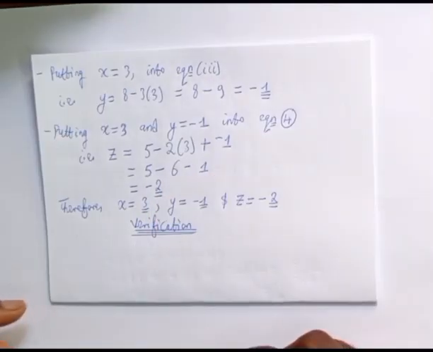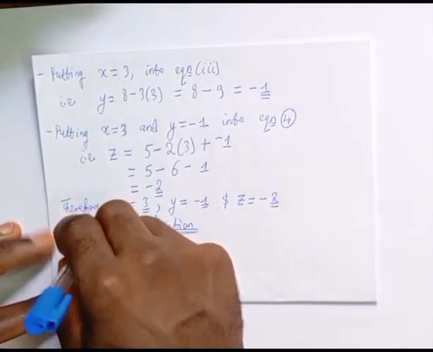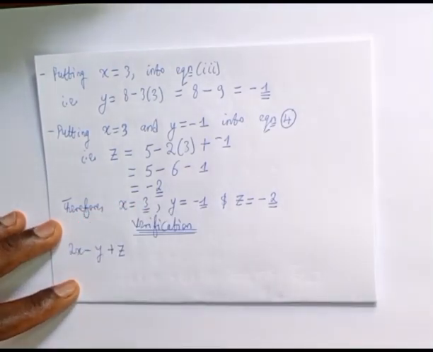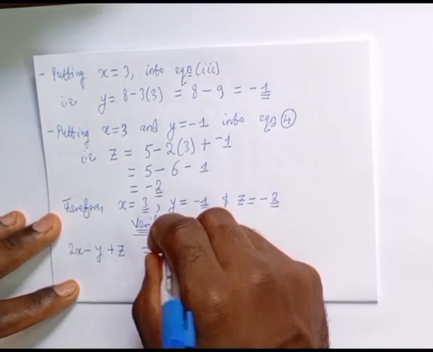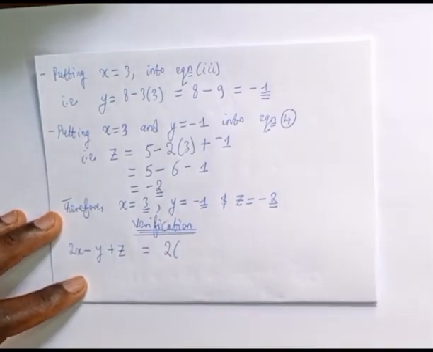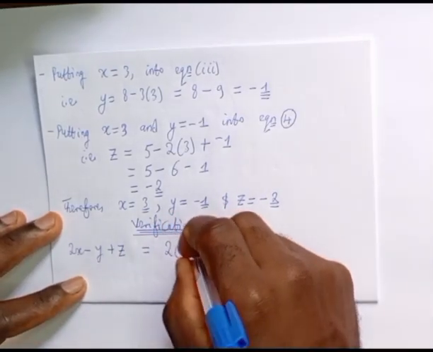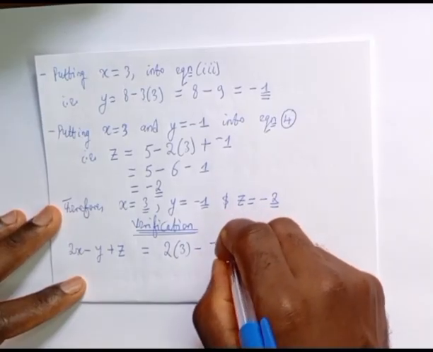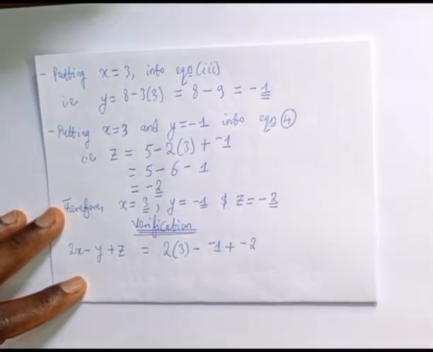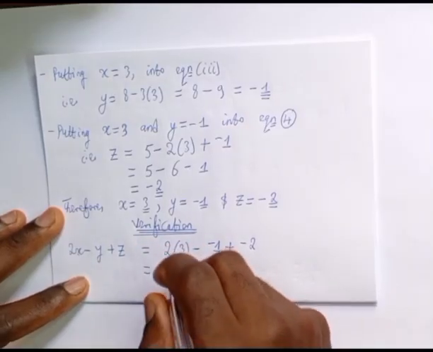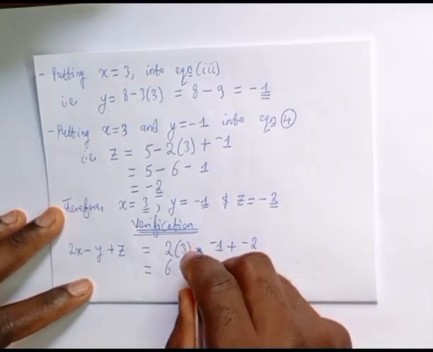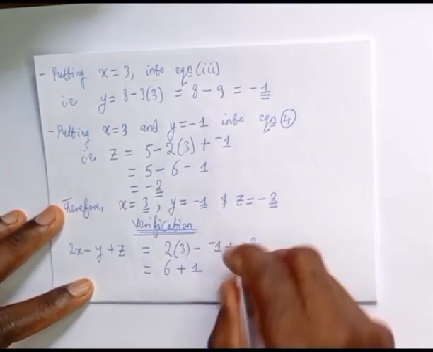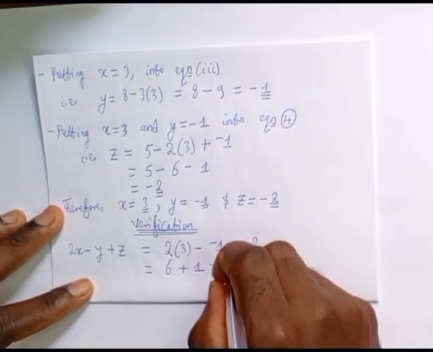The left hand side of equation 1 is 2x minus y plus z. This will simply be equal to 2 times, we replace x with the value of x, which is 3, minus the value of y, which is negative 1, plus z, which is negative 2. So this will give us 2 times 3, which is 6. Negative gives us positive, 6 plus 1. Positive, negative stays.